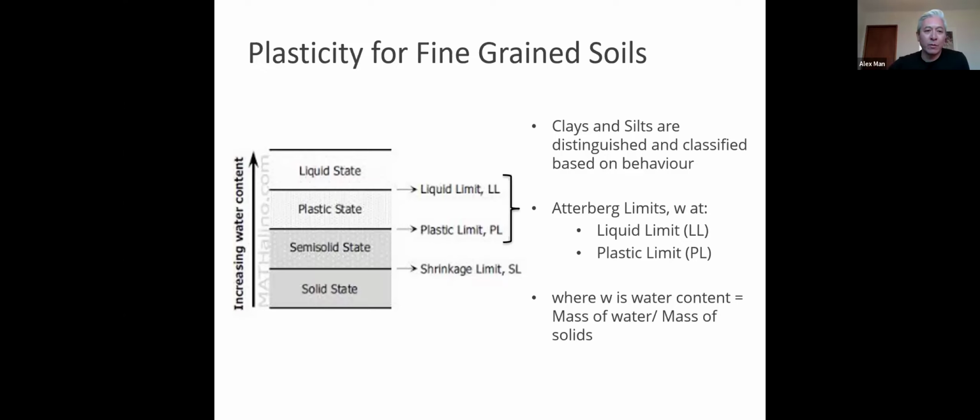So the limit at the bottom of that plastic state is the plastic limit. So it's now behaving as a plastic. And then the top of that plastic state is the liquid limit. Okay, we're going to talk about how to define those.